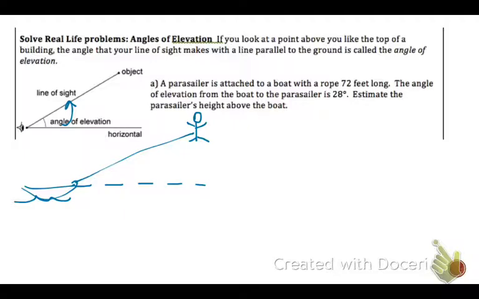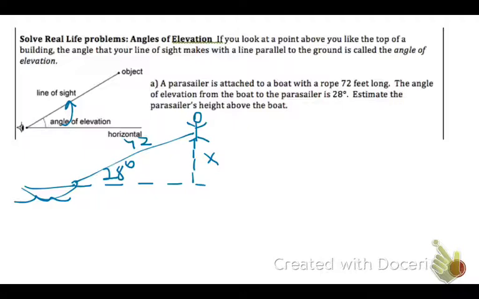So the angle of elevation up from that is 28 degrees. The rope is 72. And so estimate the height above the boat, which is this, and we'll call that X. So if I look at my triangle, I look at what I know, what I want to know.